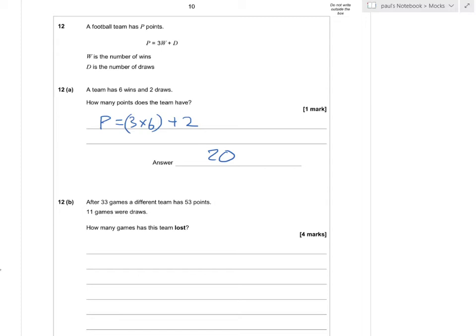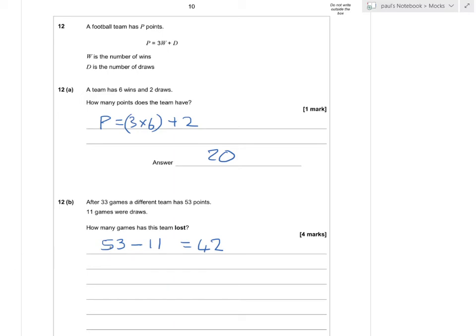But we've got a different football team now. After 33 games, a different team has 53 points. 11 were draws. So if we do 53 points, take away 11 for the draws, that is 42 points from 33 games. Now, how many games have they lost?